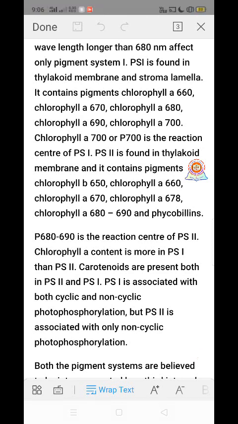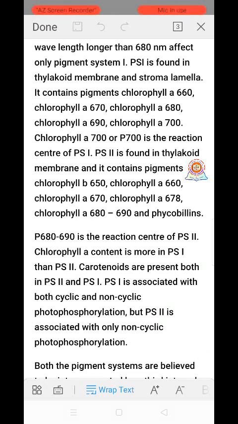Photosystem 2 is found in the thylakoid membrane, and it contains chlorophyll a 650, 660, 670, 678, 680 and 690, and phycobilins. P680 or P690 is the reaction center of photosystem 2.